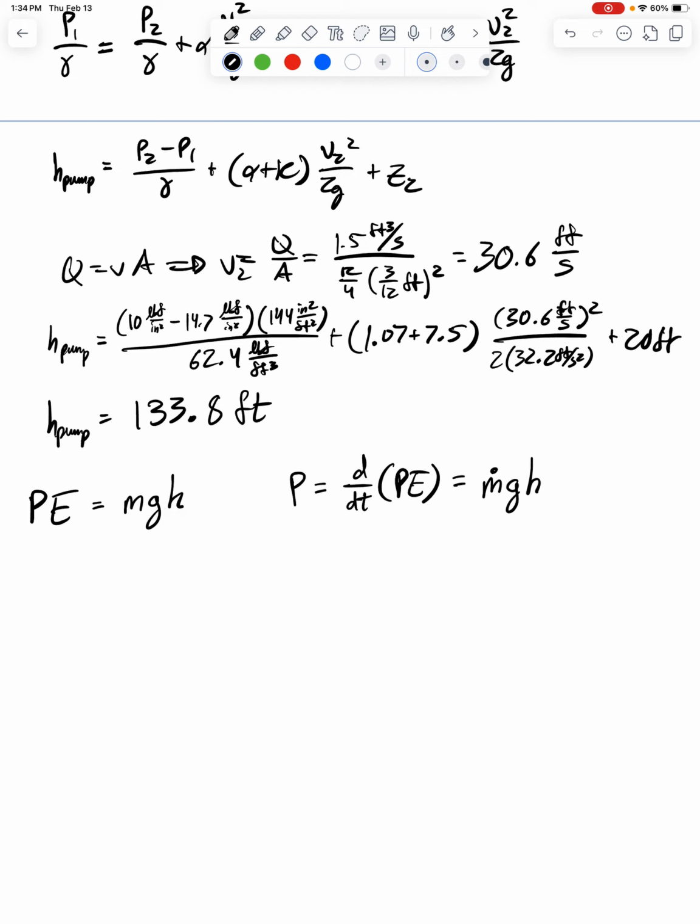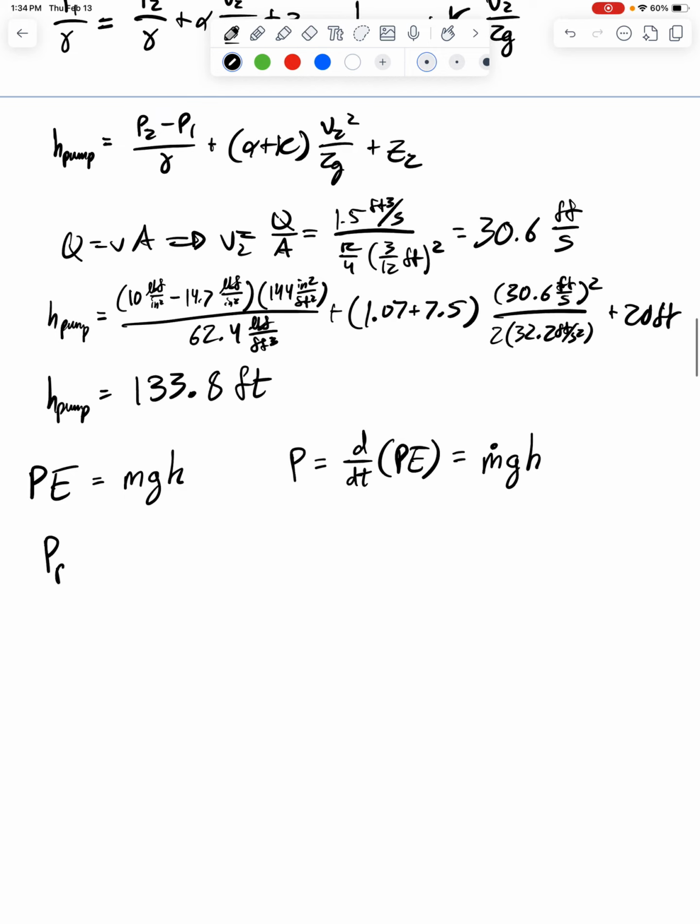So, with that in mind, we can represent P pump, the power of the pump, as mass flow rate times acceleration of gravity times the fluid column height representative of the pump. Usually you break this down.